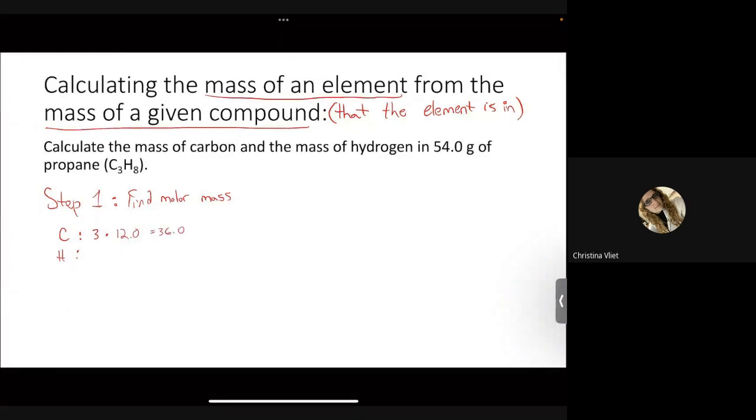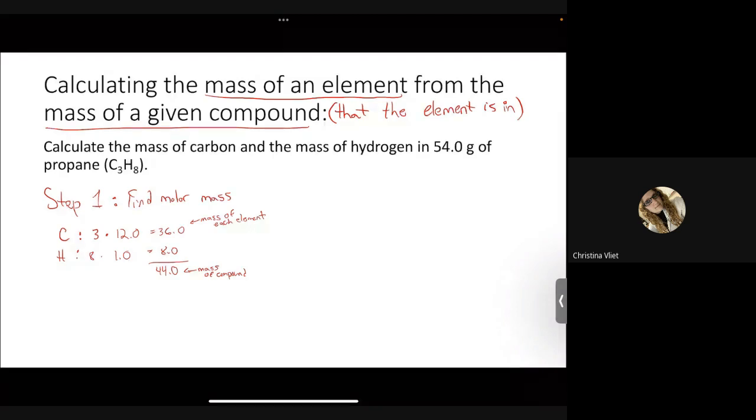And hydrogen is 8 times 1 is 8. And then I add 36 and 8, and I get 44. So I know this is the mass of my compound, and I know this is the mass of each element.